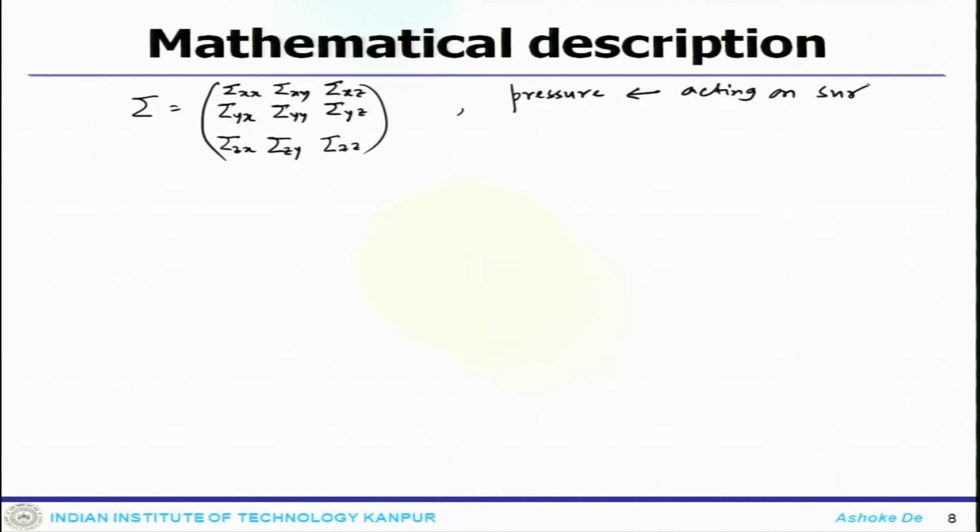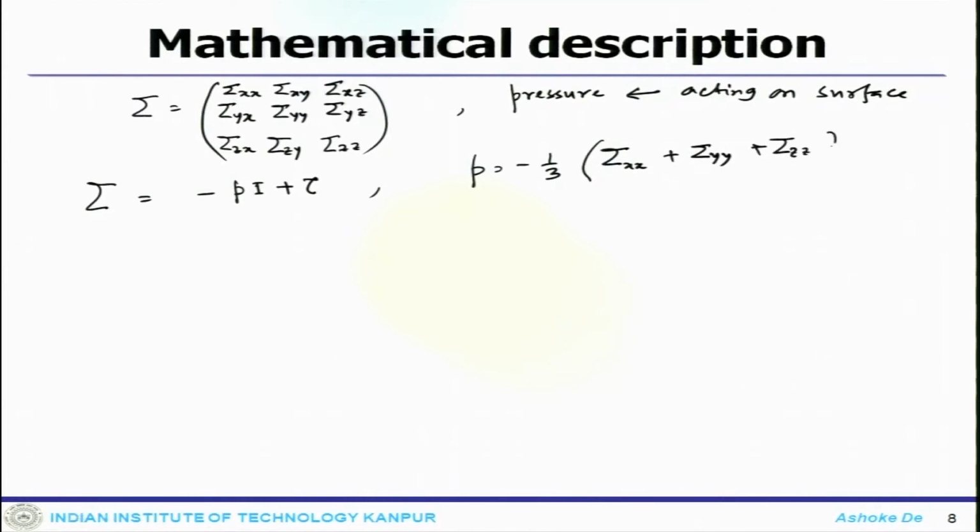Now, you also have the pressure which is acting on the surface. If you combine those two things together, then this total force can be written as minus pI plus τ, where p is nothing but 1/3 of the σxx, σyy, σzz.